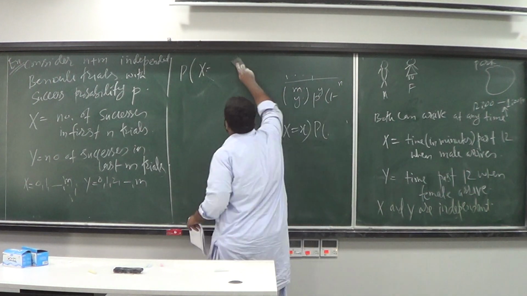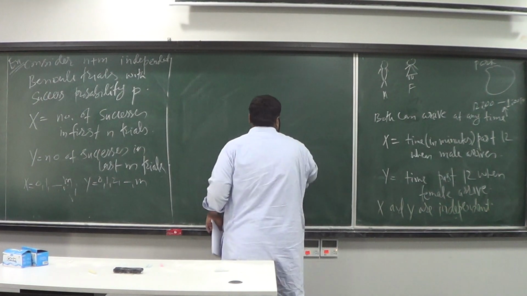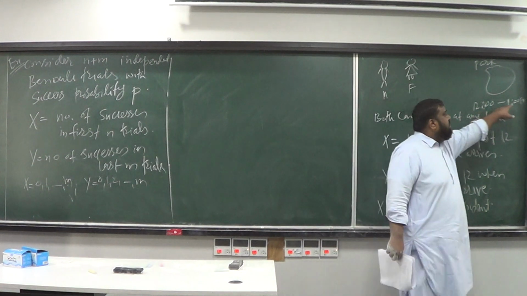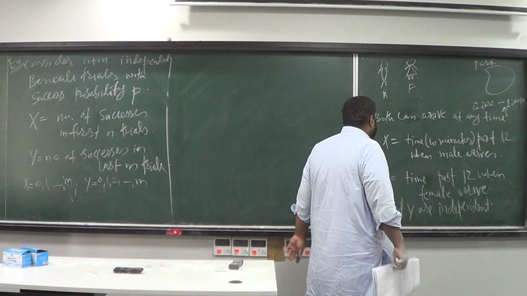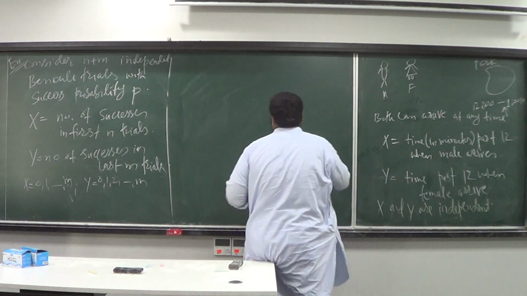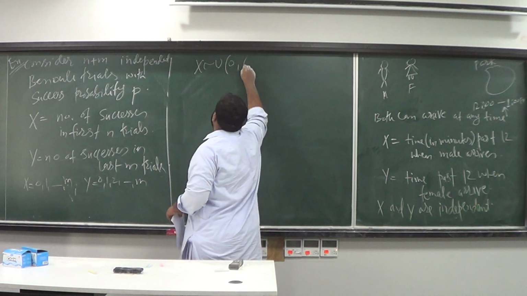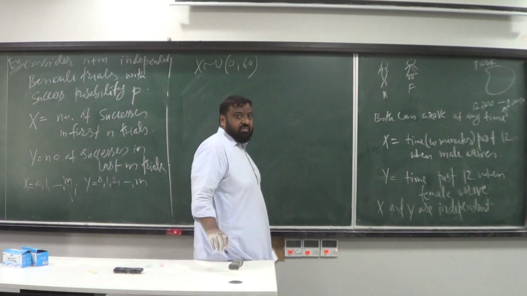Question. First of all, what would be the distributions of x and y, by the way? The male can arrive at any time between 12 and 1 p.m. So this means that x is uniformly distributed between 0 and 60.